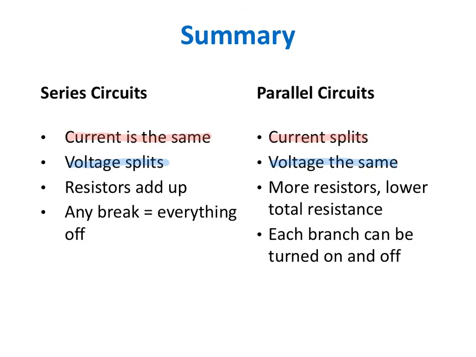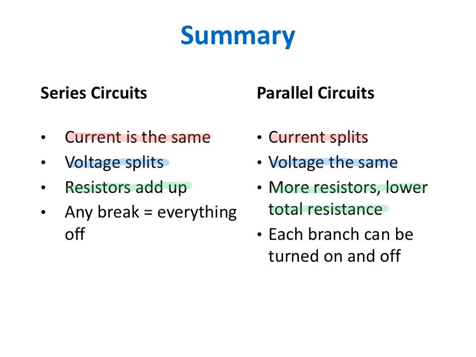When we come to resistance, in a series circuit, you add all of the resistors up to get a total, whereas in a parallel circuit, bizarrely, the more resistors there are, the lower the total resistance, and the total resistance will always be less than the smallest individual resistor.